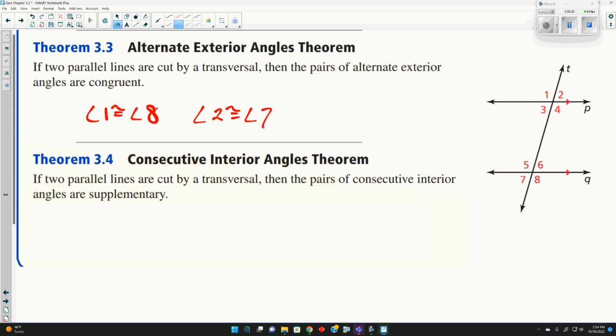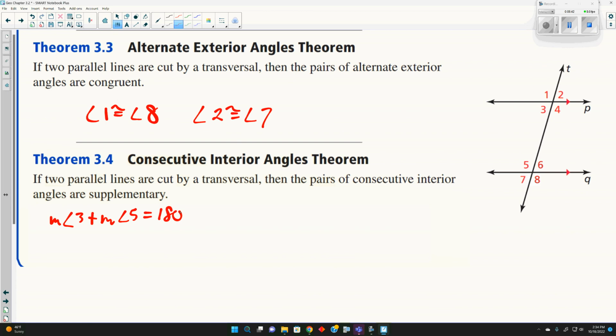Now, consecutive interior angles are what? Supplementary. They're going to add together to be 180. So that means the measure of angle 3 plus the measure of angle 5 is 180.